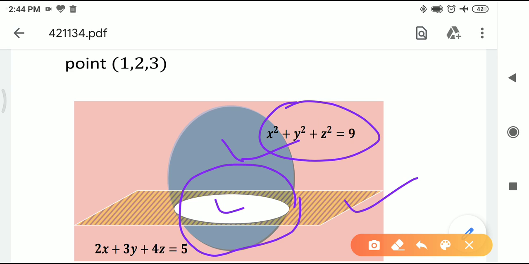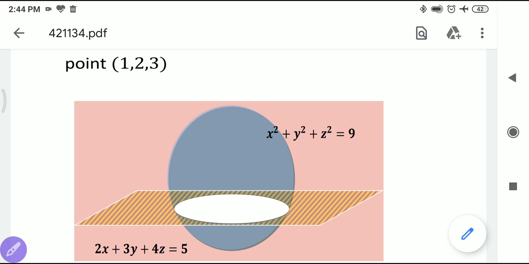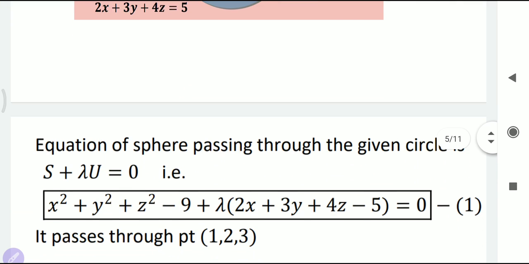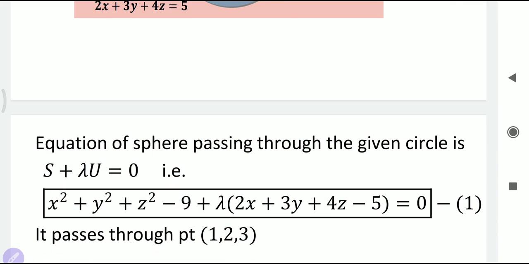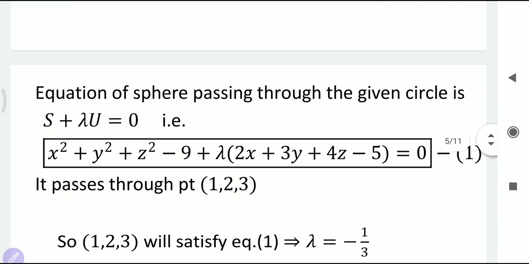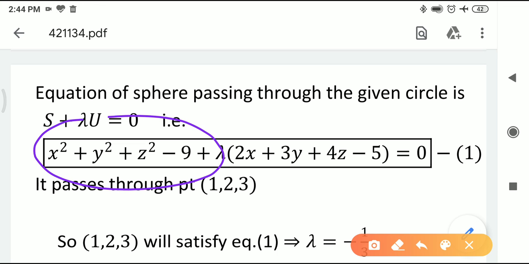That sphere is also passing through the point 1 2 3. As we know, the equation of such spheres is given by S plus lambda U equal to 0. S is the equation of the sphere, but remember that when you write the equation of a sphere, it should be S equal to 0. So if you have something on the right hand side, take it to the left hand side, and then write down the equation of S.